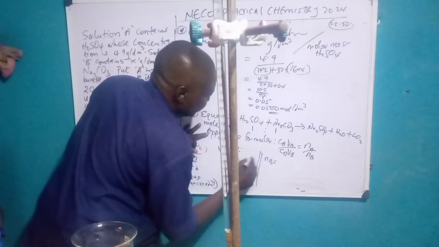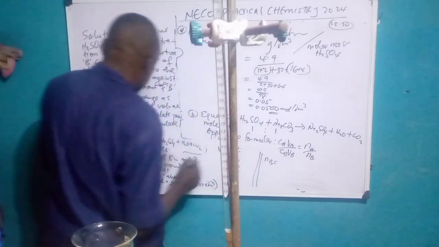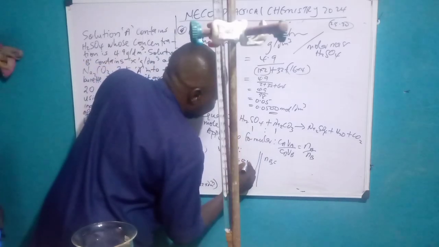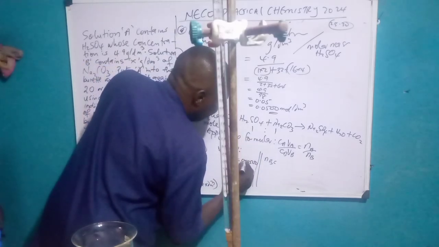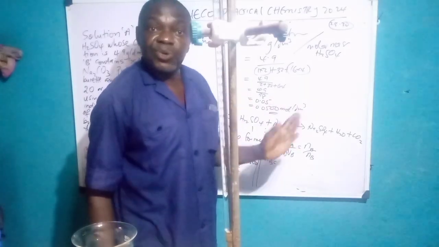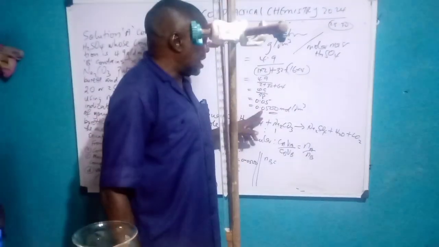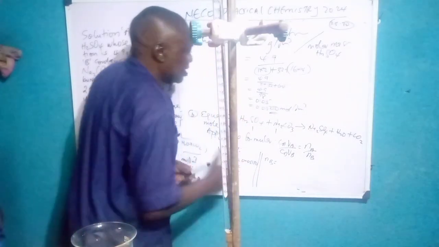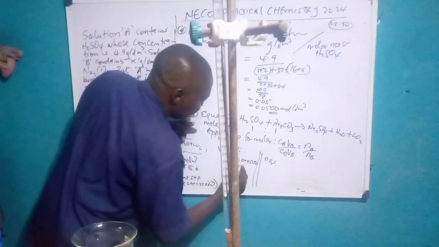Ca, we don't know. I think that's what it says you calculate. We know Ca. That's what we just did: 0.0500. As I told you in our previous video, always punch your calculator to 0 after writing the final answer. If instead of carrying this, you carry the previous one in your calculator, you may be wrong. They will mark you wrong if the values are different. Cb, we don't know.